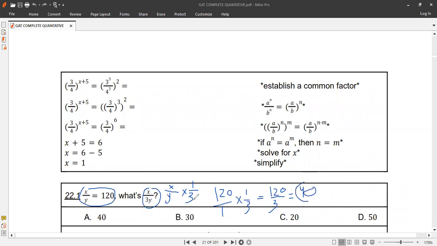So the answer is 40, my dear students. Now, let's go to another question. This is the simplest way, I think, to solve these kinds of questions. Now, the next question.